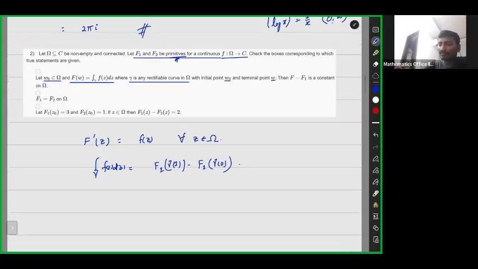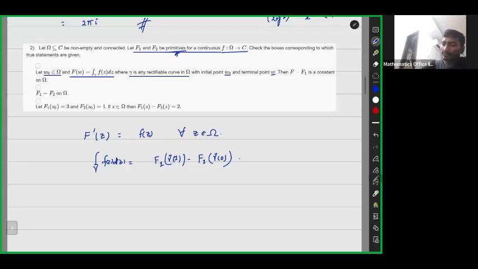So when it is a closed curve, it is already giving us 0. When gamma is closed, then gamma 1 and gamma 0, the initial point and end point, are the same. So this subtraction becomes 0. So this function, capital F, is well defined.